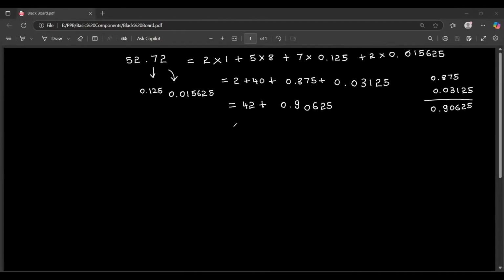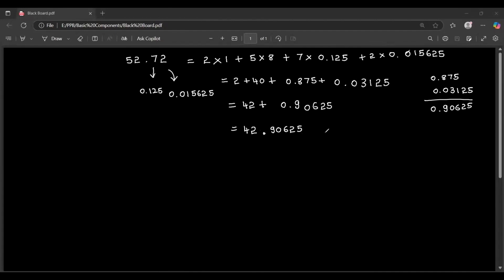So the final answer will be 42 plus 0.90625, which simplifies to 42.90625. So that's it.